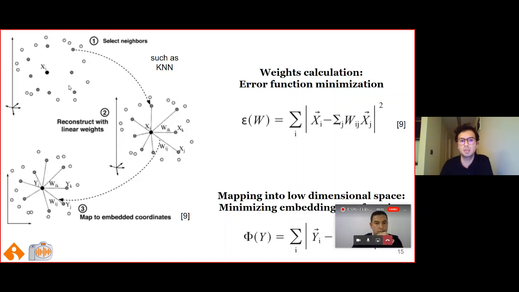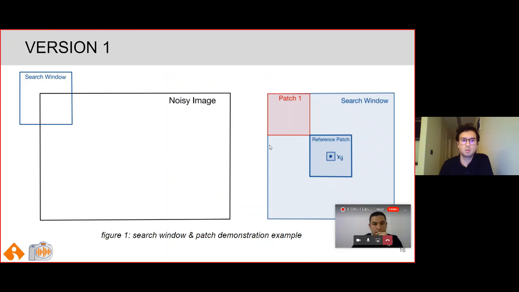So we are representing this data by using the neighborhood relationship, the linear relationship between the data points, and we can map into a low dimensional space by using these weights. That's why we are creating different versions. We are going step by step.